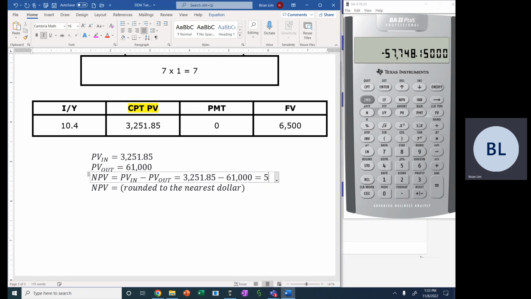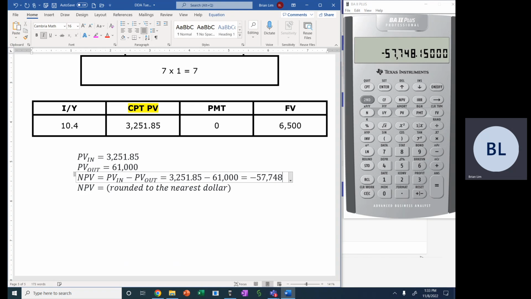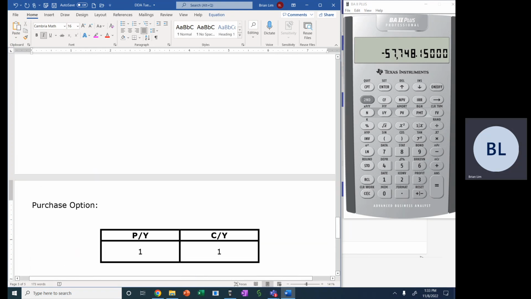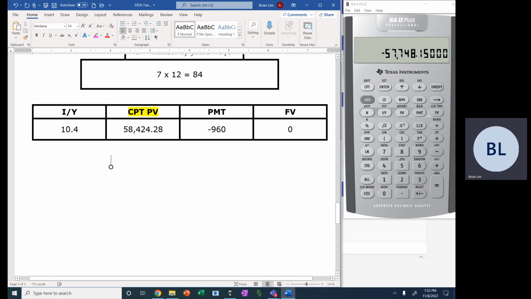This will cost 57,000. Sorry, I should put a negative. $57,748.15. All right, sorry, I think I was a little bit premature deleting that bit of information up there.